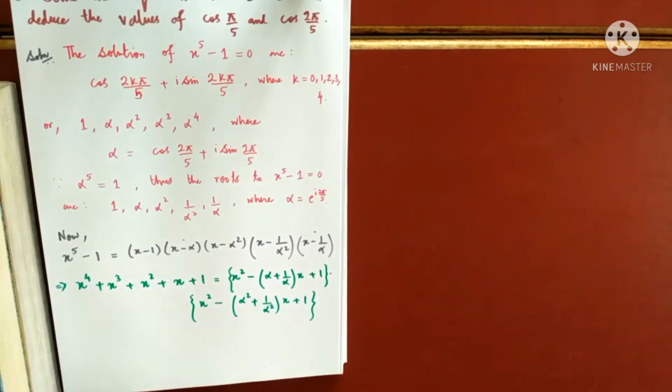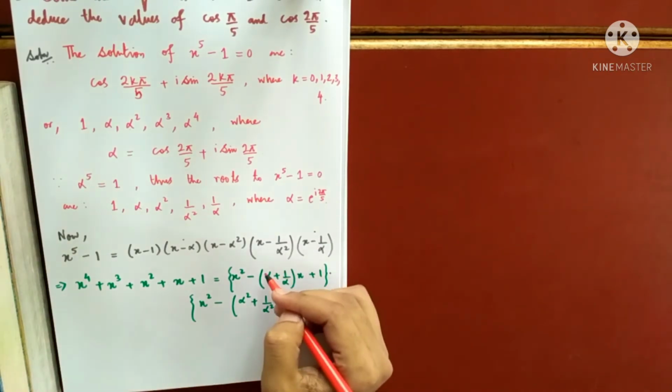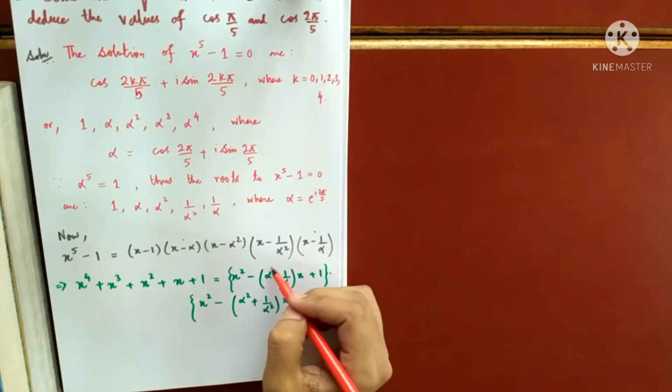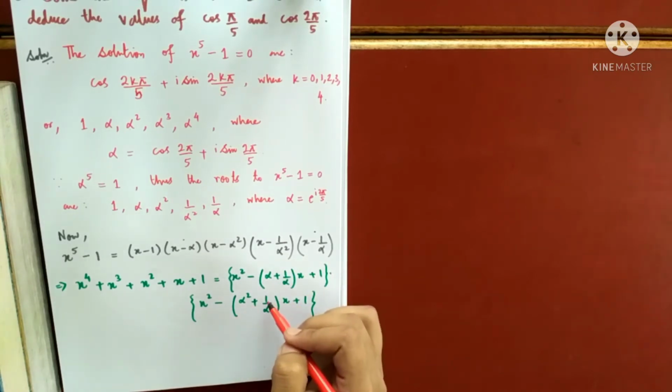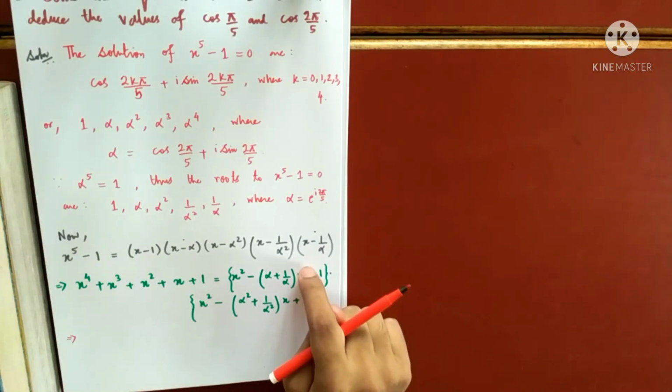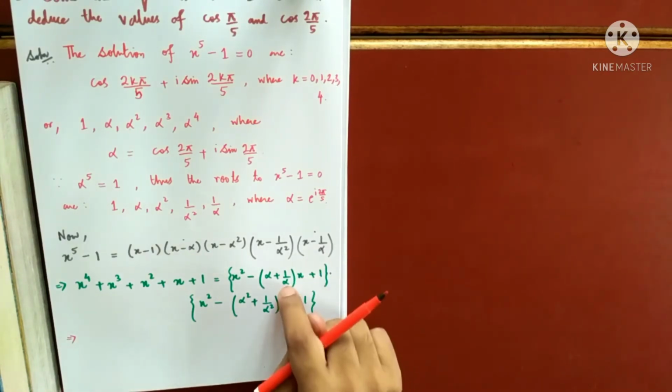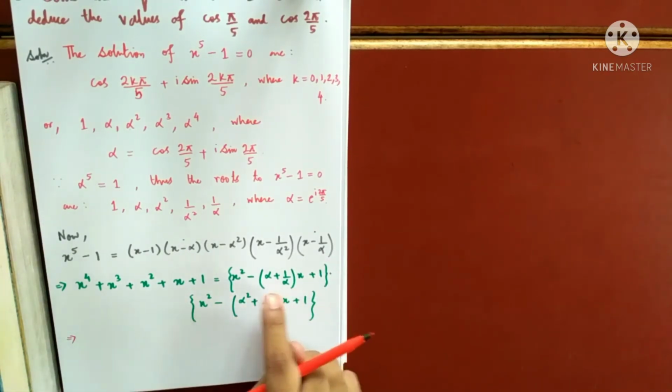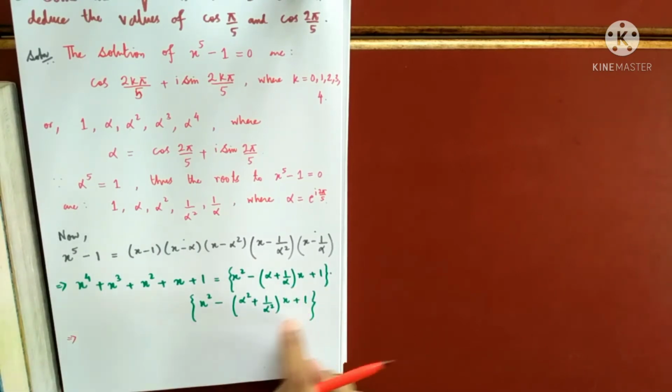Now the same thing that we did in the last class, we'll try to find an equation whose roots are alpha plus 1 by alpha and alpha square plus 1 by alpha square. So I'll divide both sides by x square, because I want to remove this x. This will be divided by x, this will be divided by x.